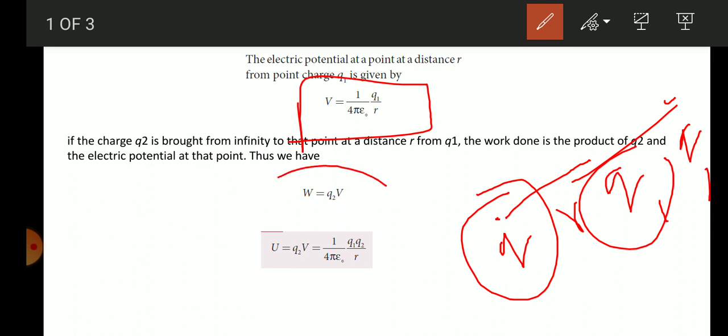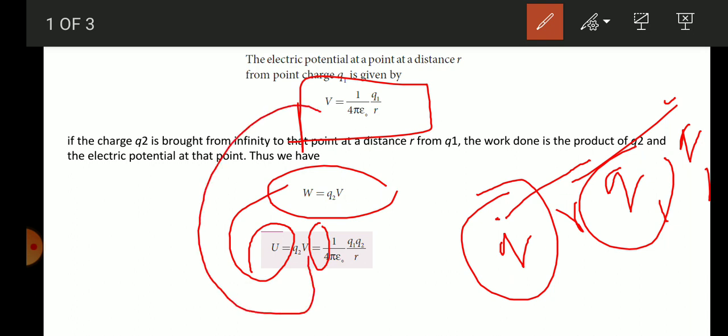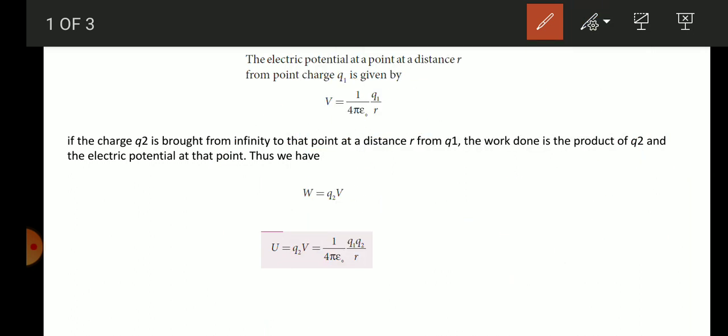The work done formula is given as W equal to q2 into V. Then the work done will be stored as electrostatic potential energy, that is U, which is nothing but q2 V. I know the value of V. What is the potential due to a point charge? That is 1 by 4 pi epsilon naught q1 by r. Substitute the value of V in this equation, then you will get 1 by 4 pi epsilon naught q1 q2 by r. This is due to a single point charge.